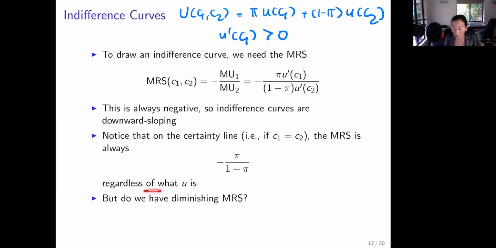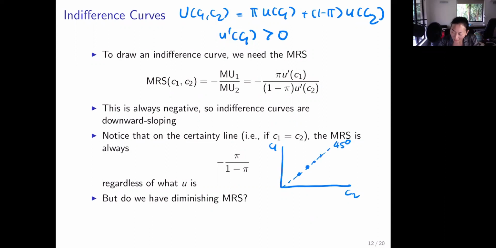So regardless of what the utility function is, these two terms will always equal one another along the 45-degree line. So what do you learn from this result? That means that if you draw the indifference curve, it doesn't matter what shape it has.